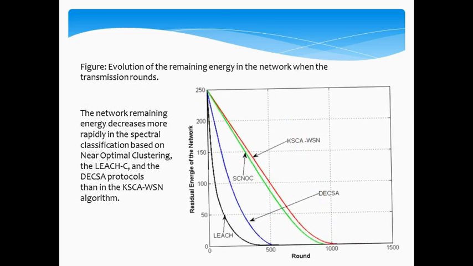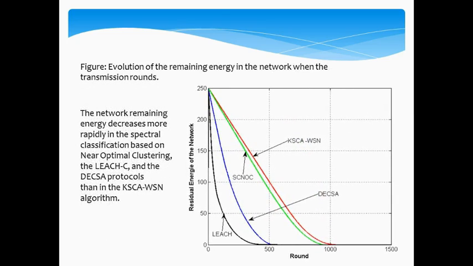Now let's talk about the second graph, which shows the evolution of the remaining energy in the network when the transmission rounds are taken into account. In this graph you can see that the network remaining energy decreases much more rapidly in spectral classification based near optimal clustering, LEACH and DECSA protocols than in the KSCA-WSN algorithm.